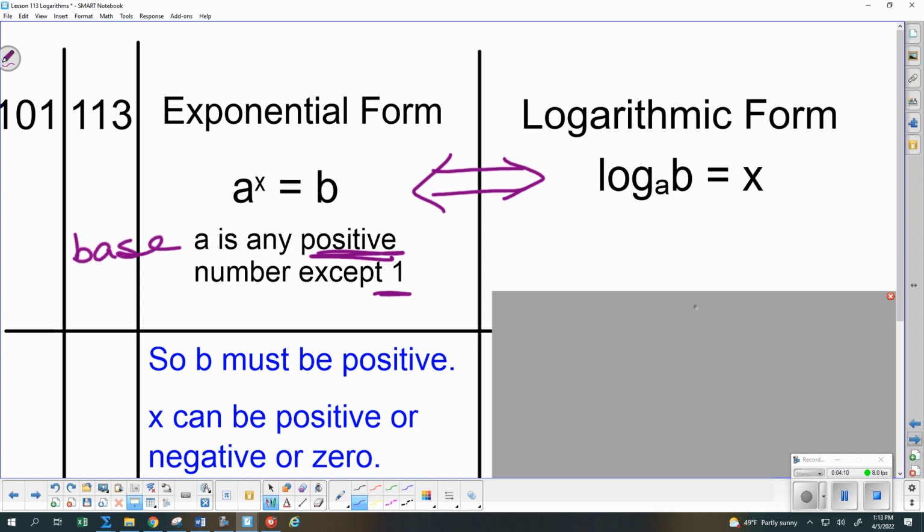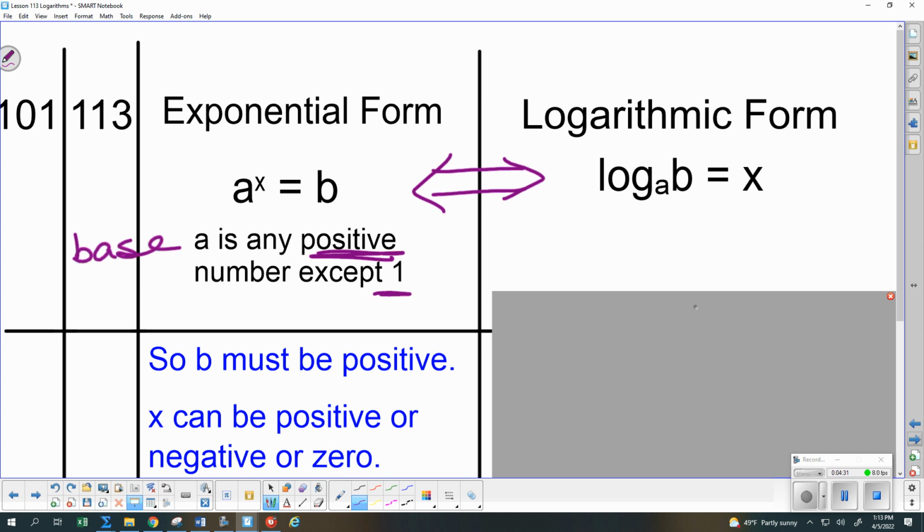And the reason that we don't want 1 is 1 to the x is always going to be equal to 1. It's going to be boring. So that's not going to really get us anywhere. So we throw that one out. We don't want to use 0 to a power because 0 to the 0 is undefined and 0 to anything else is 0 and is boring.